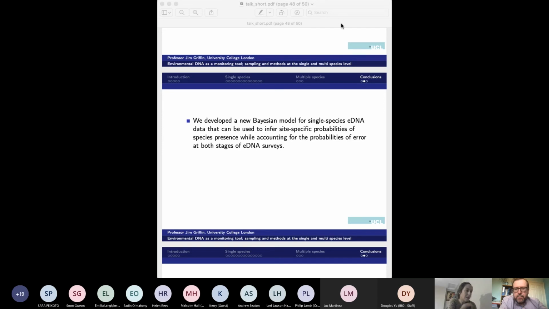So Chris says he's got the same question as he had for Doug. I get that JSDM with imperfect detection development. I'm more interested in how valid these results are. I'm not sure if Jim can understand what valid means, or whether you want further clarification on that, Chris.